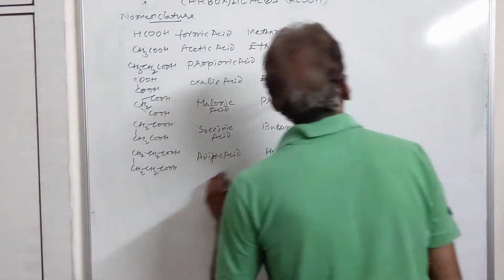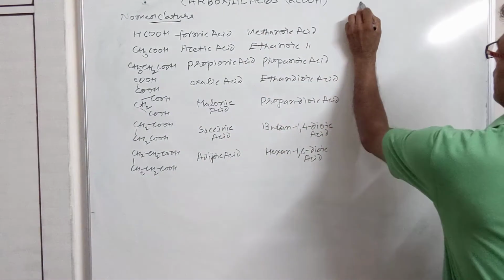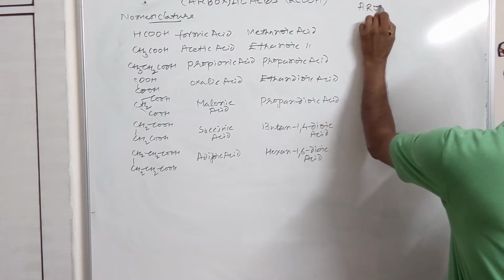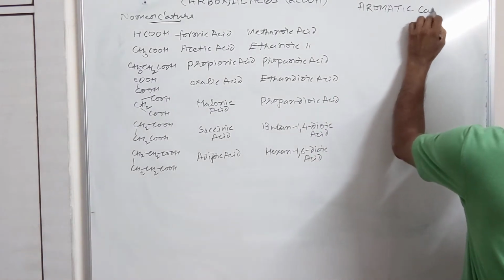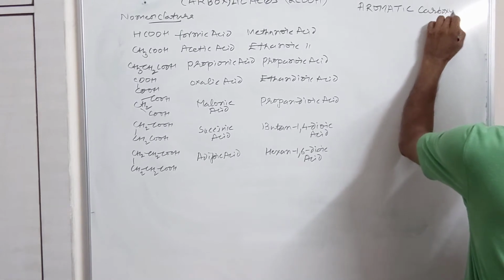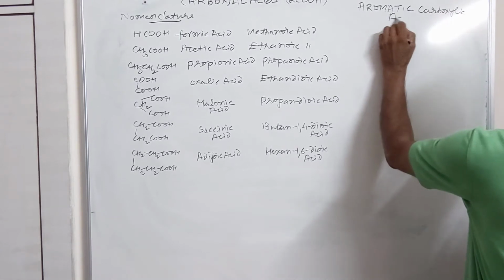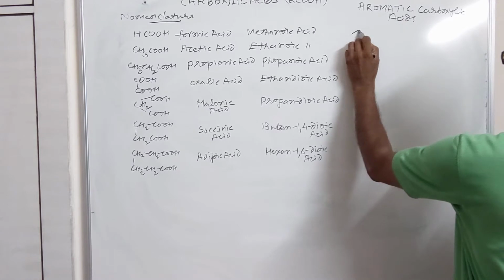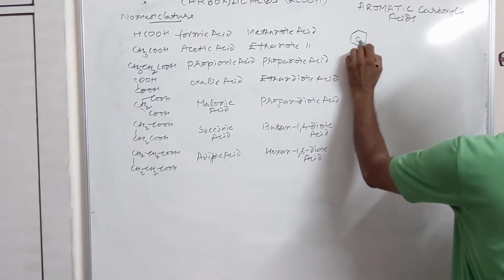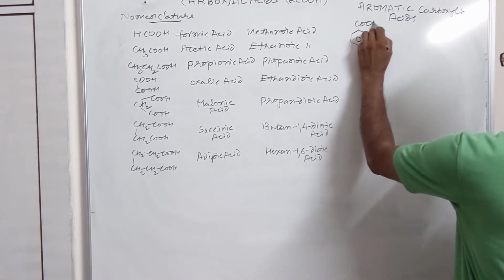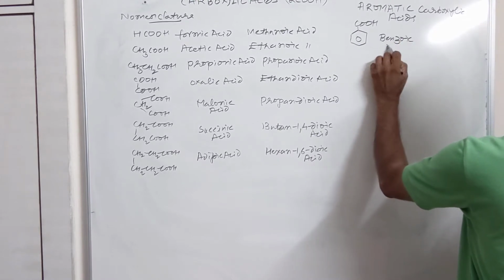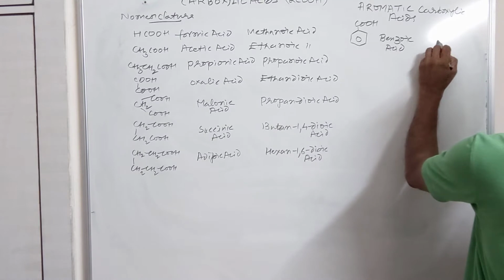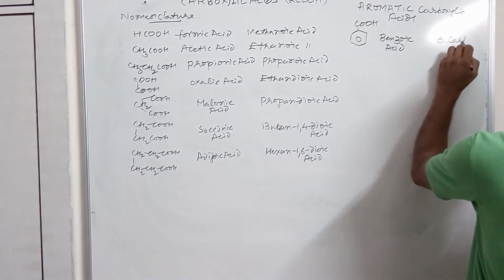Then we come to aromatic carboxylic acid. They are having benzene ring in them. This is benzoic acid, or it is also called as benzene carboxylic acid.